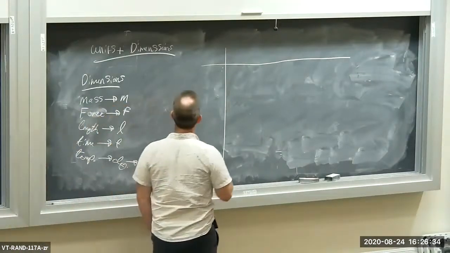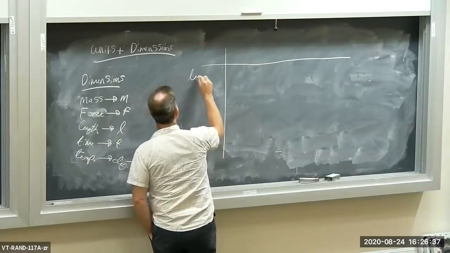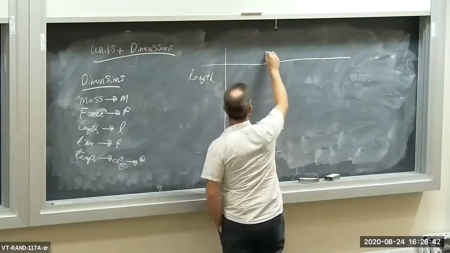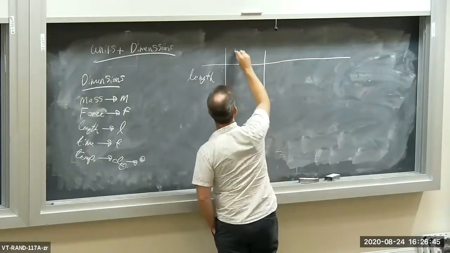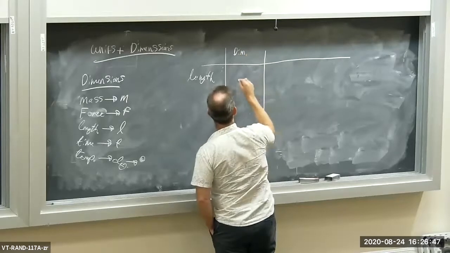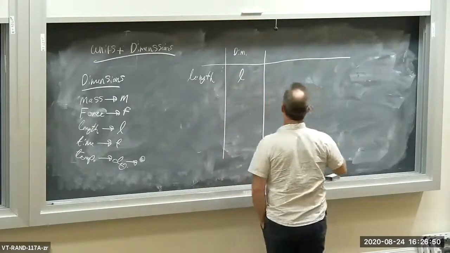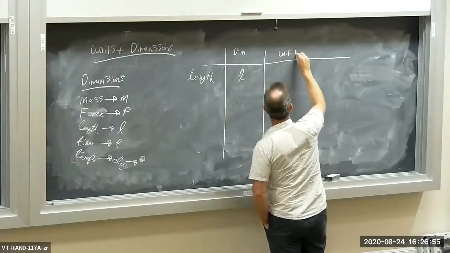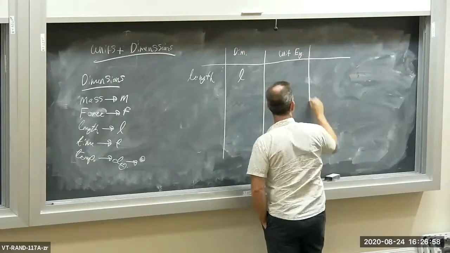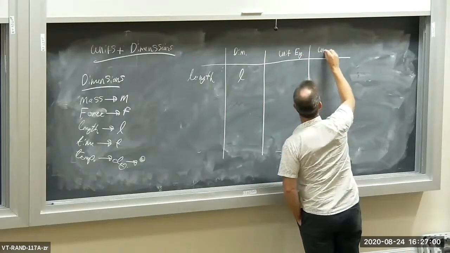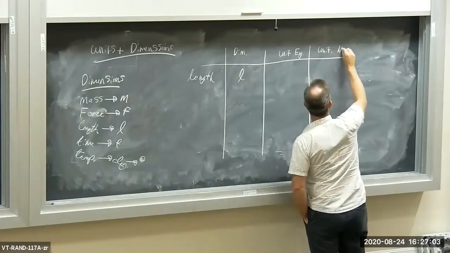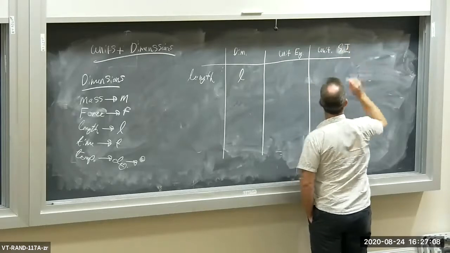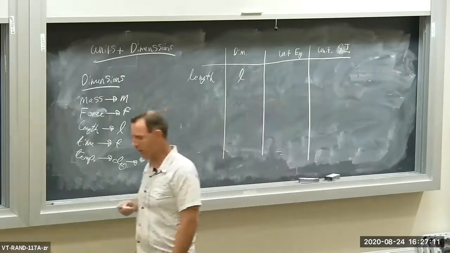So, for example, length. This has dimensions of L for length. And the English unit and the metric, or SI, unit.